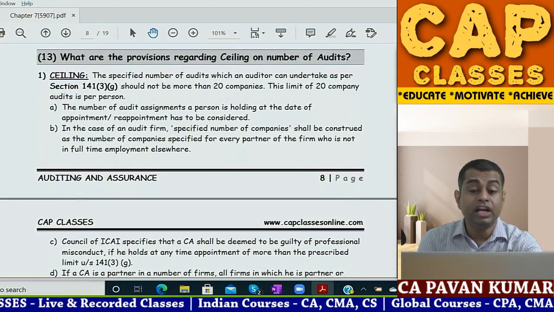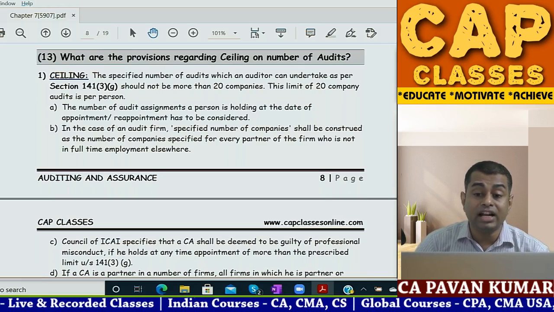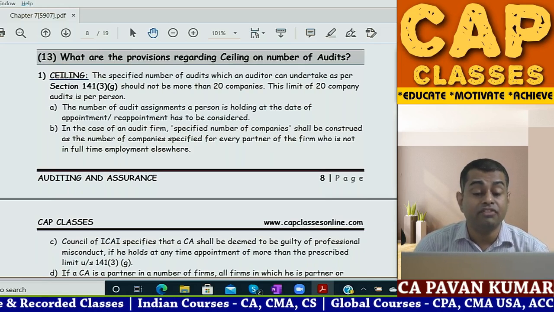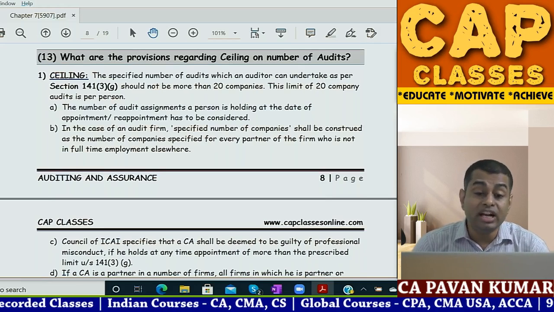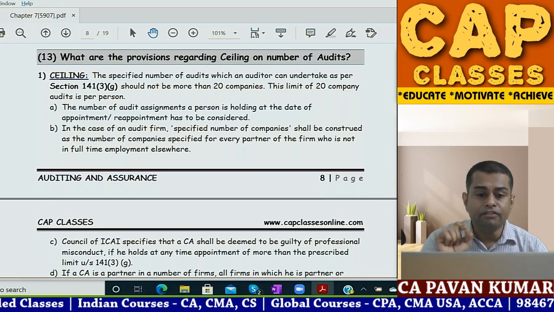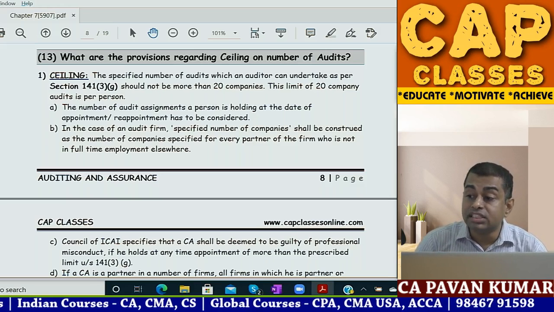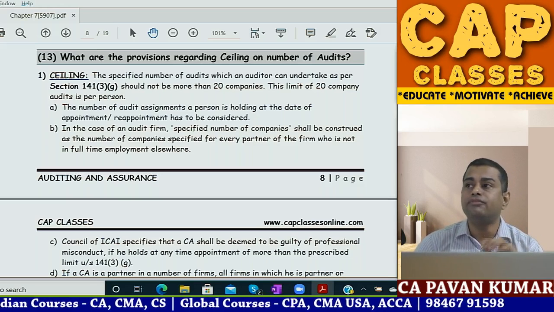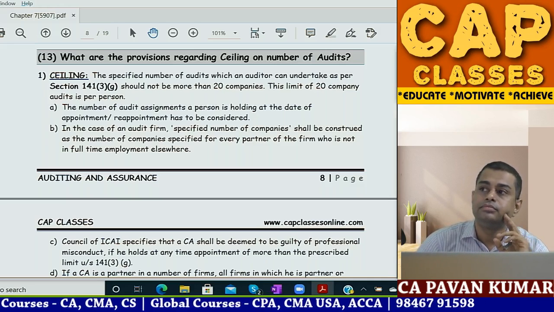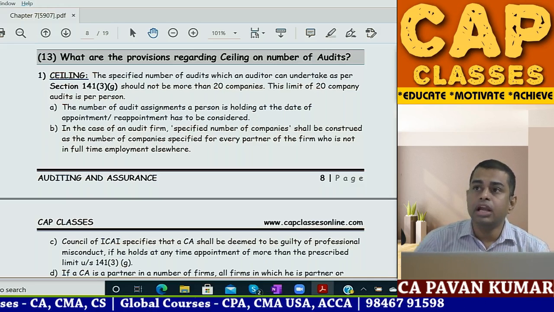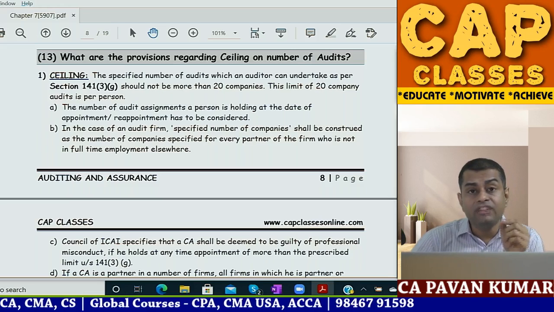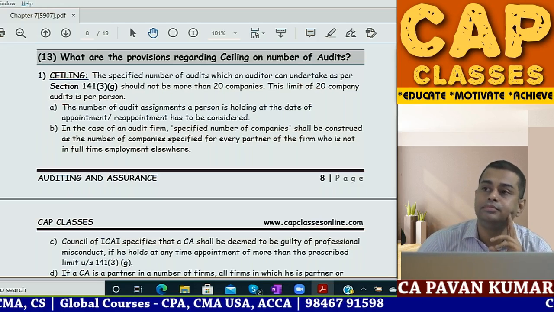The specified number of audits which an auditor can undertake as per section 141(3)(g) should not be more than 20 companies. This limit of 20 company audits is per person. Underline this. That means in the audit firm, if 4 people are there, it will be 4 into 20, 80.